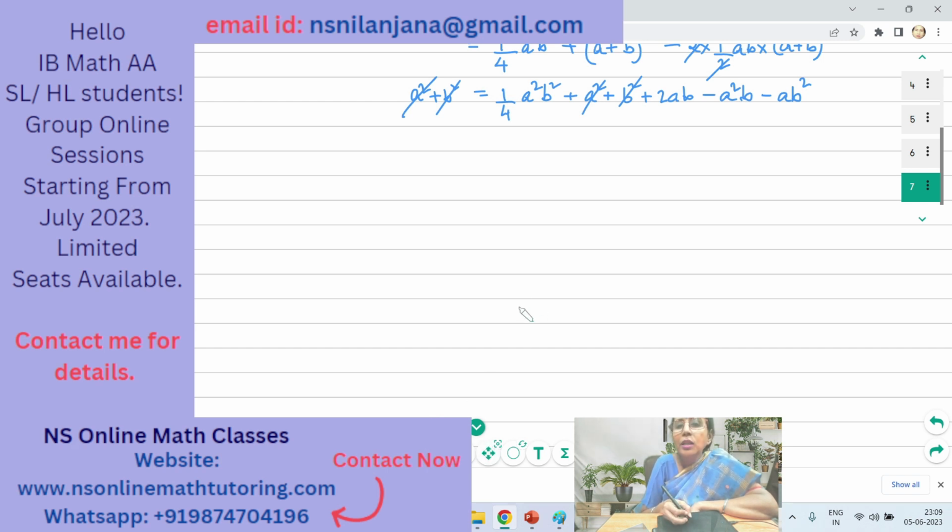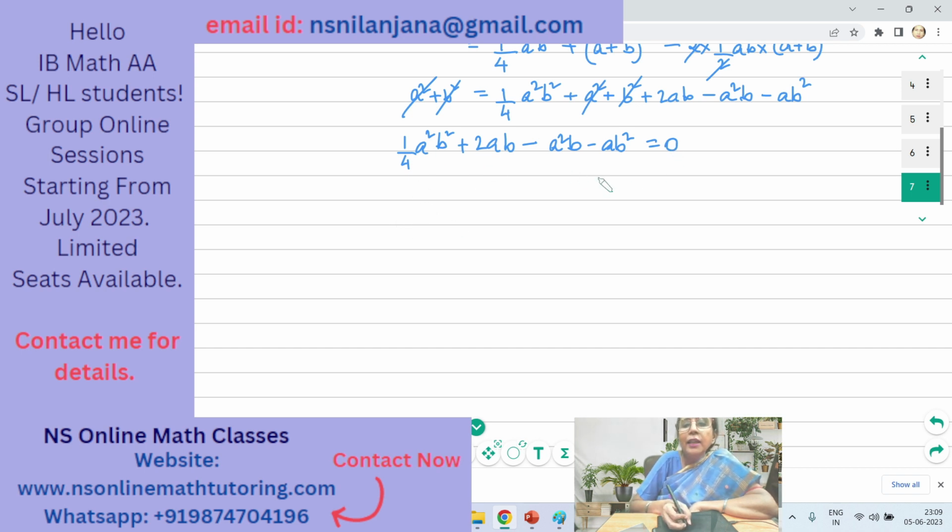And now, since we have to get the expression for a, okay, let me just rewrite this once more. So it is half, not half, 1/4 a square b square plus 2ab minus a square b minus ab square. 1, 2, 3, 4, yes, is equal to 0.